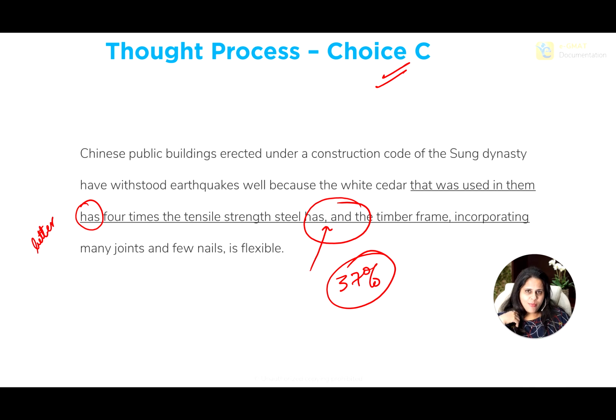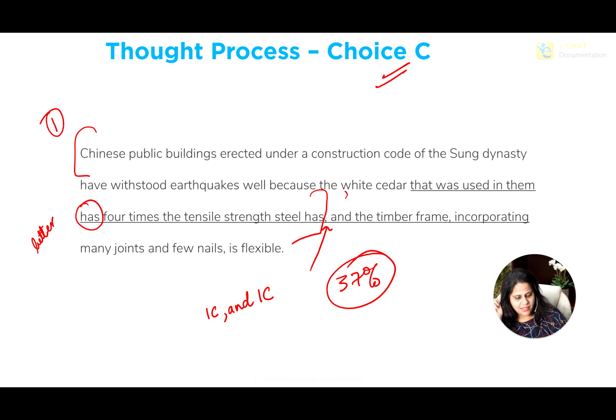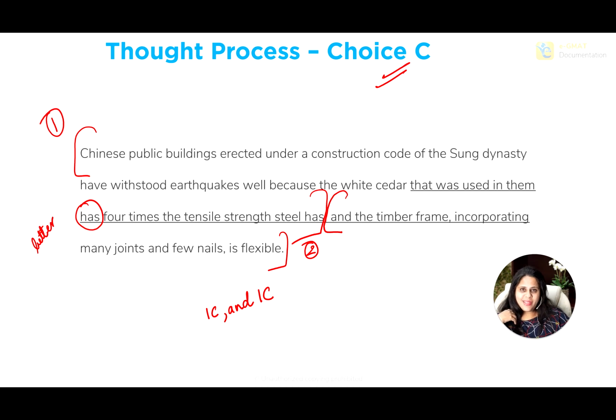Why is this comma important? Because this comma plus "and" is now being used to connect 2 independent clauses. This first part of the sentence is one independent clause, and then this second part of the sentence is now the second independent clause. That is what is going on with this sentence.